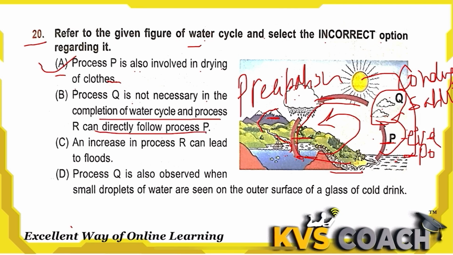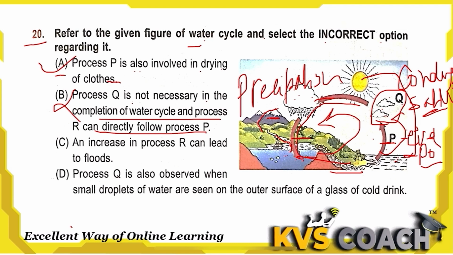No, this is wrong, this is incorrect. These three processes are most important in the water cycle. First water evaporates, then it condenses, and after condensation it will precipitate.